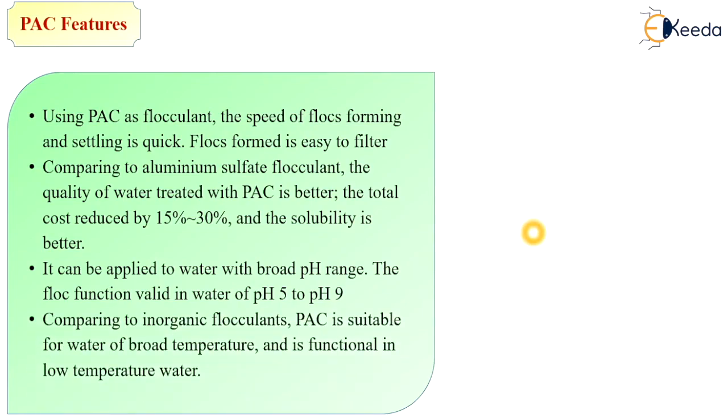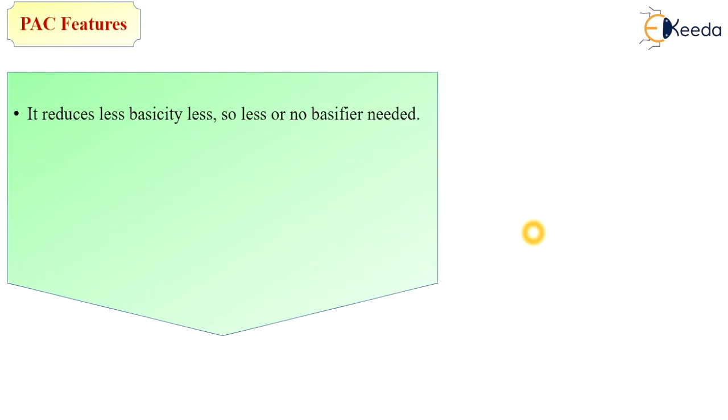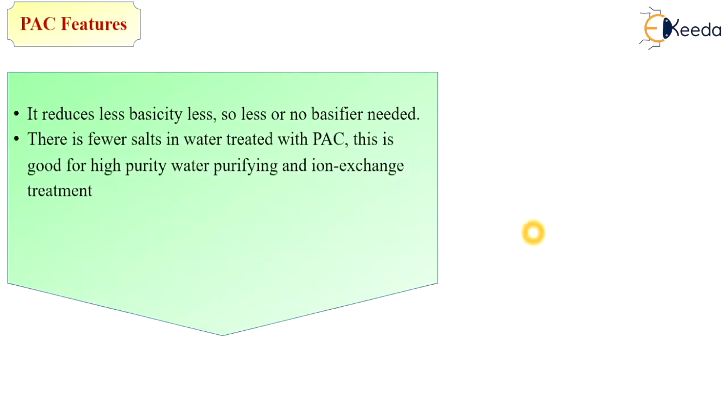Compared to inorganic flocculants, PAC is suitable for water of a broad temperature range and is functional in low temperature water. Also, it reduces less basicity, so less or no basifier is needed. There is less salt in water treated with PAC.